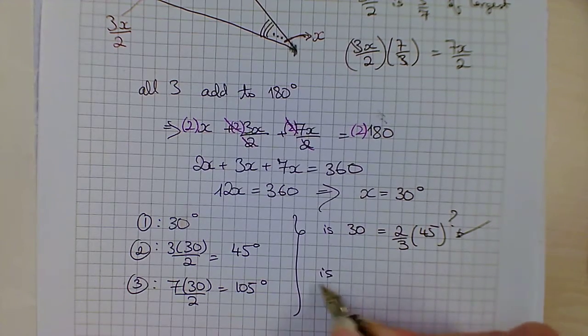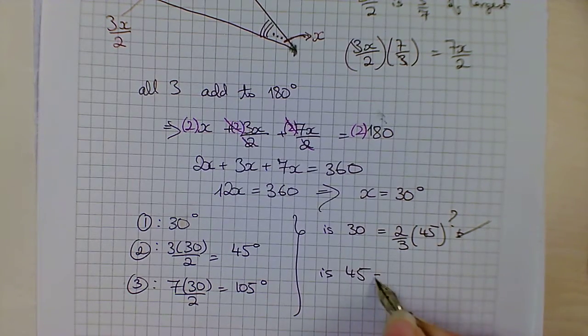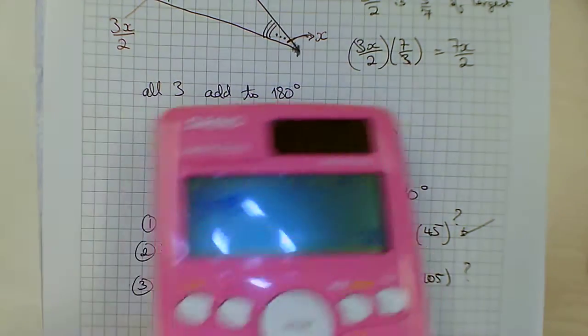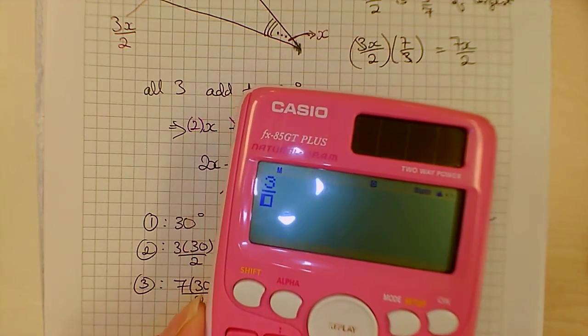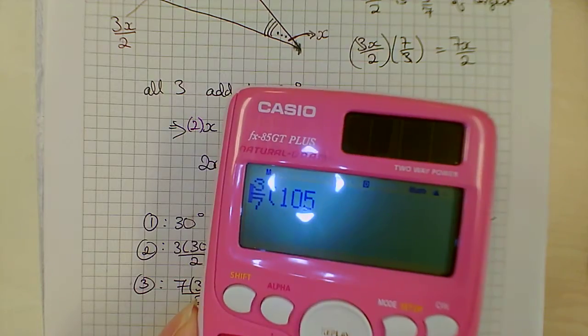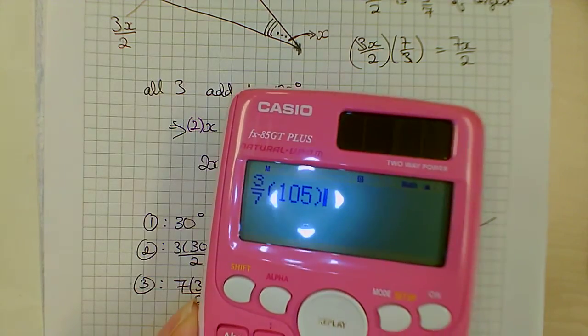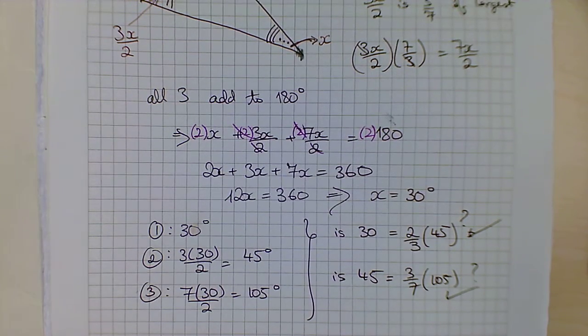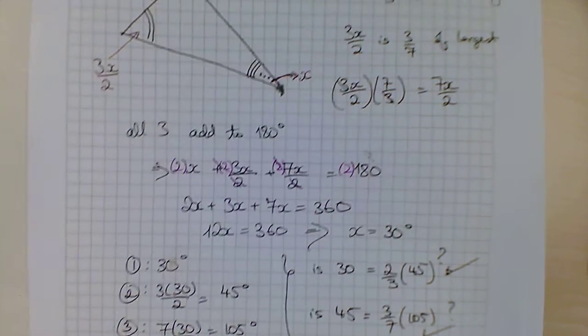The second question is, is 45 equal to 3/7 of 105? And again, 3/7 of 105 gives us 45, which it is. Okay, so we've proven that we have worked out the correct answers there.